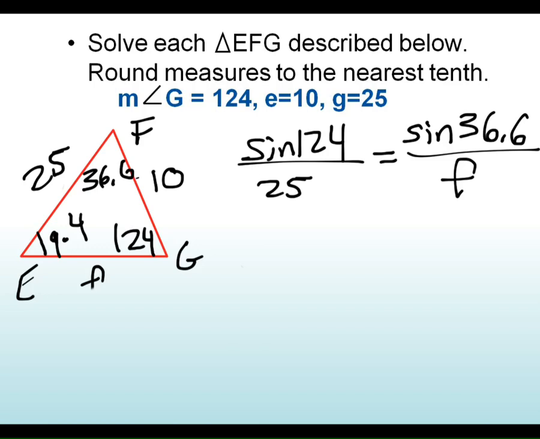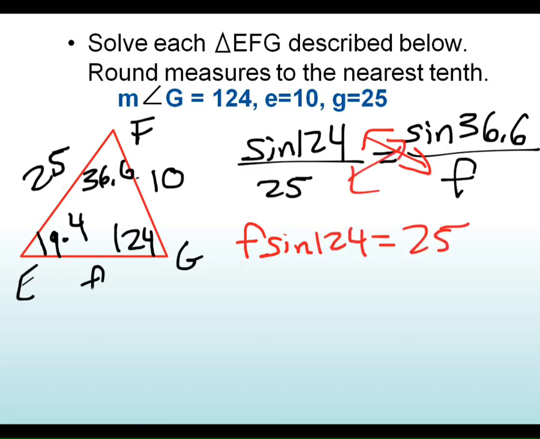Again, that's the formula. It's on the bottom of your postulate sheet. So to solve this, I'm going to cross multiply. Take f times the sine of 124 equals 25 times the sine of 36.6. Again, I would write this 25 in front of that. That way you don't actually do sine of 36.6 times 25.